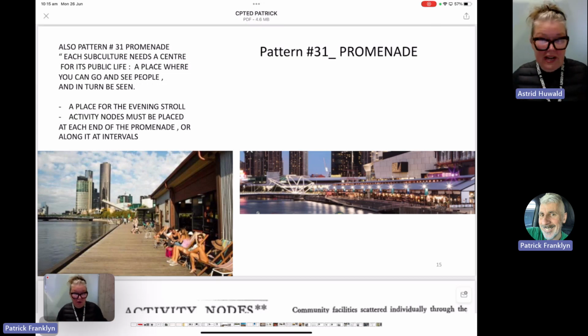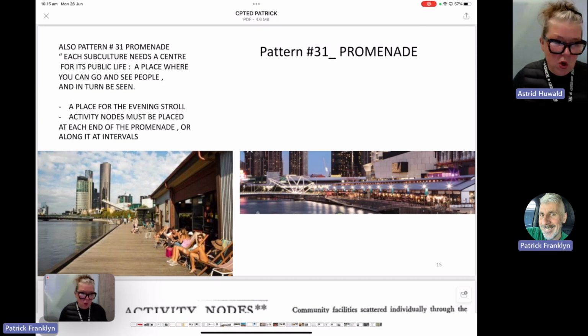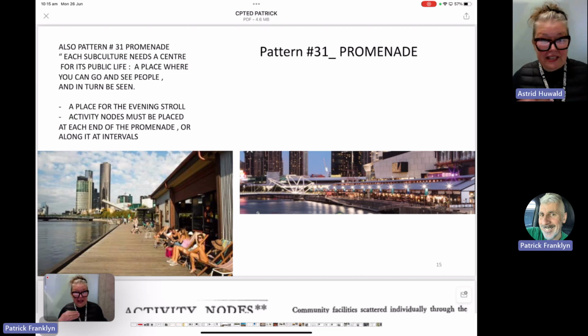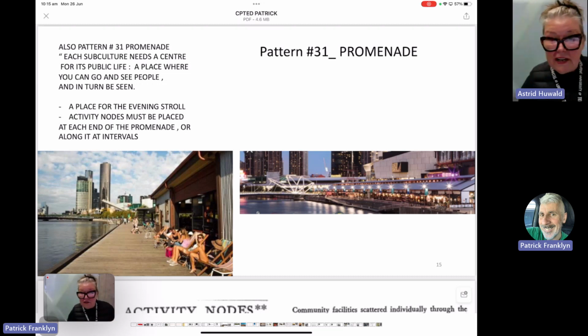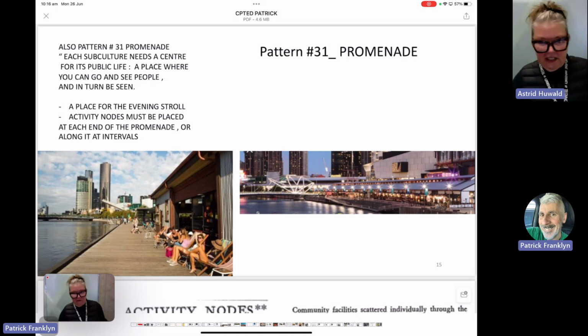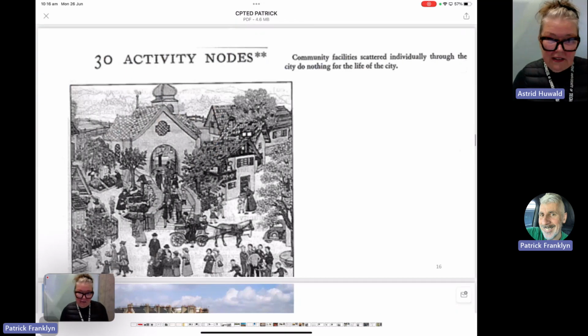But a promenade has things that make it work. In order to make it work, you've got to place activity nodes. There's got to be a reason why people go there. Obviously, at the moment, people don't feel they have a reason to go there. What you've got to do is place activity nodes along it so that people go from node to node. Next slide. An activity node means you gather things together that people use, whether it's drinking fountains, amenities, cafes, food trucks.